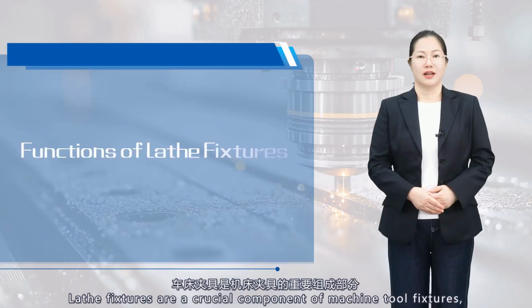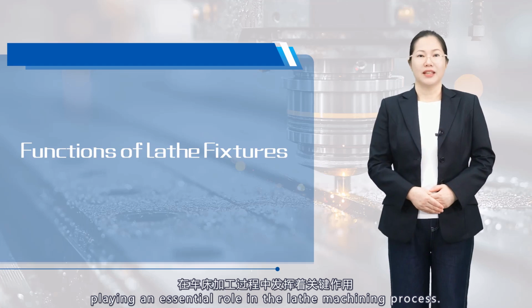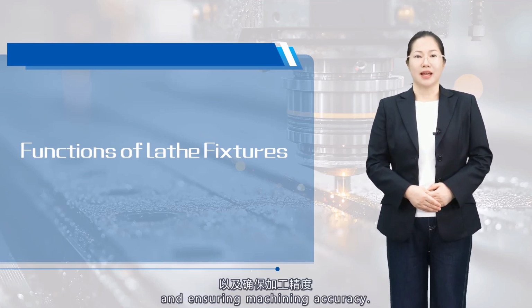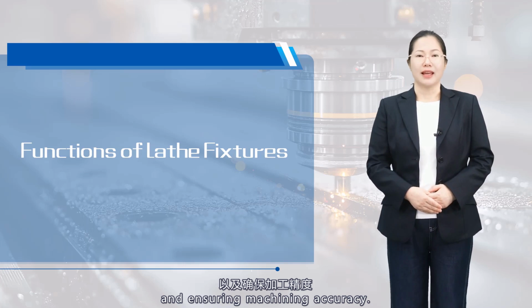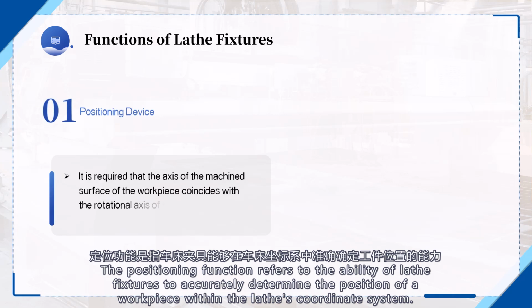Lathe fixtures are a crucial component of machine tool fixtures, playing an essential role in the lathe machining process. Their core functions are primarily reflected in positioning, clamping, and ensuring machining accuracy. The positioning function refers to the ability of lathe fixtures to accurately determine the position of a workpiece within the lathe coordinate system.